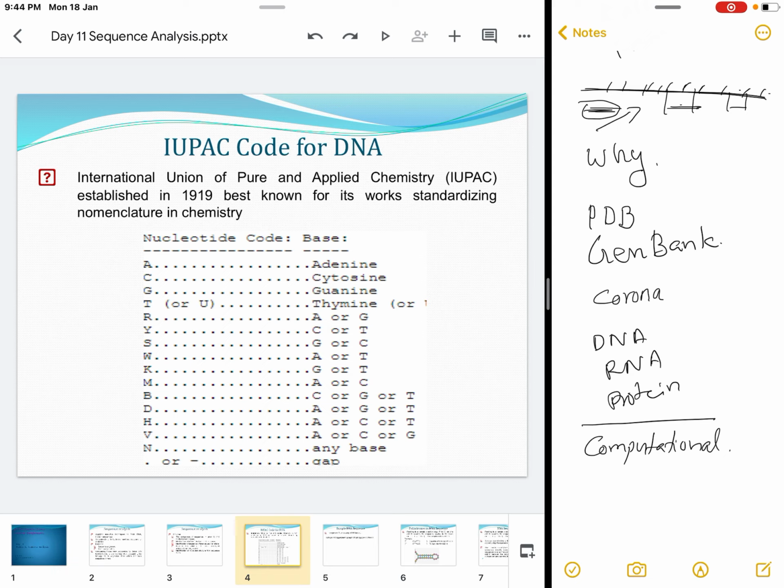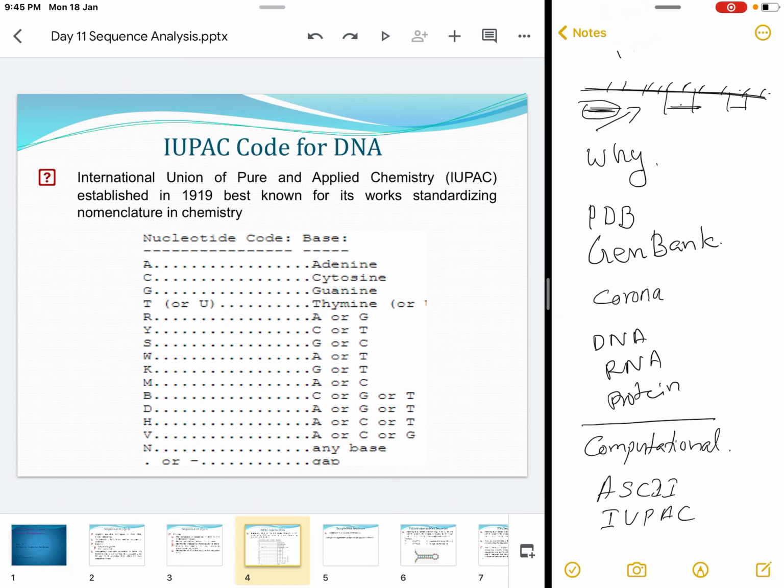For that you have to have some code, like we use ASCII code for representing characters in computers. Like that, we have to use some code for representing these sequences in the form of strings, characters or text data. We use something called IUPAC code. IUPAC stands for the International Union of Pure and Applied Chemistry.